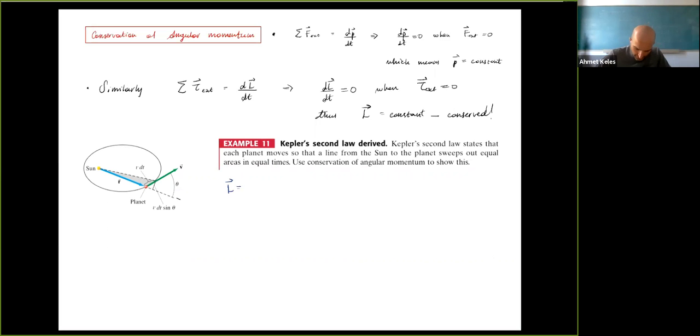L is equal to R cross P. This is equal to R m v times sine theta, and we say this is constant, by conservation of angular momentum.